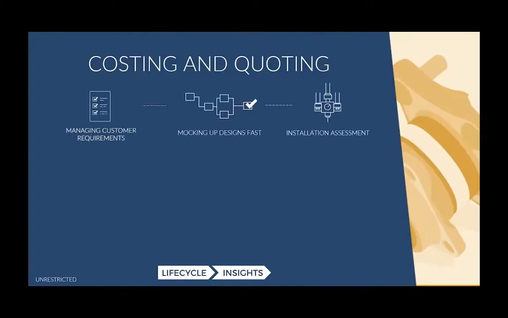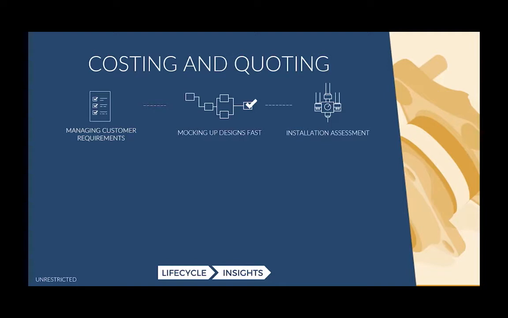One set of capabilities that you need is requirements management. This is where you formally not only track what the customer is requesting, but also the breakdown of those high-level requirements into technical ones. Another capability that you need in place is the ability to quickly mock up the design.